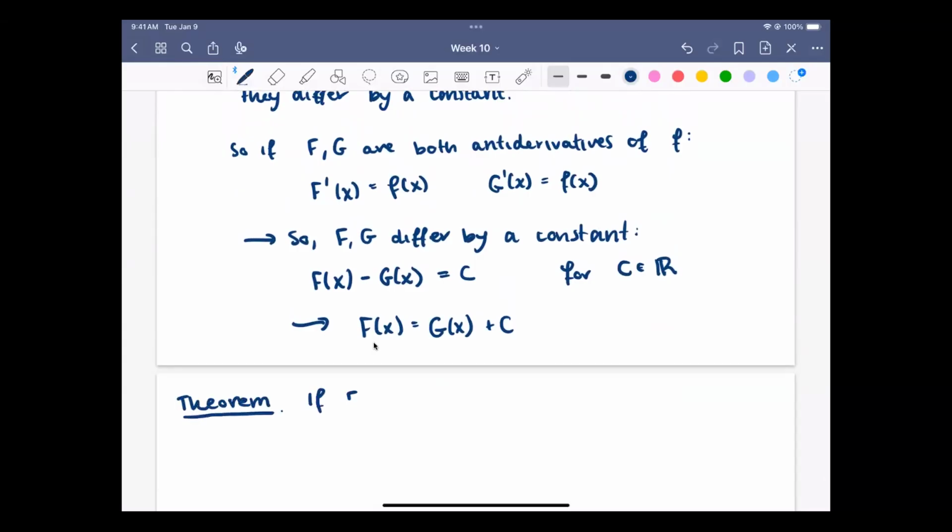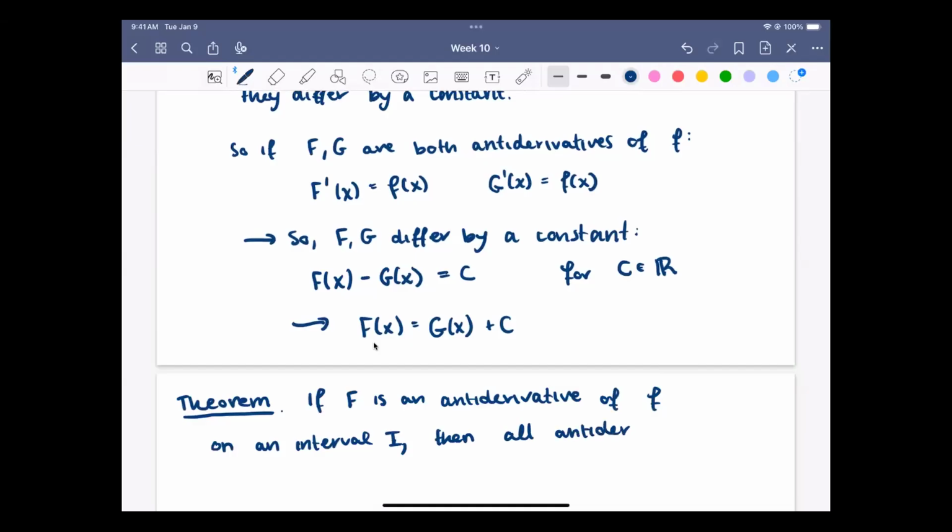If F is any antiderivative of little f on an interval I, then all the antiderivatives of f on I are of the form F of x plus some constant.